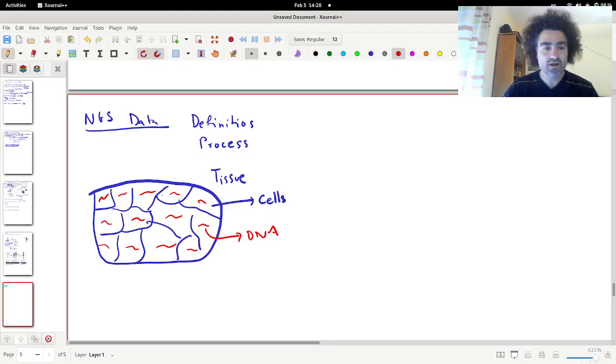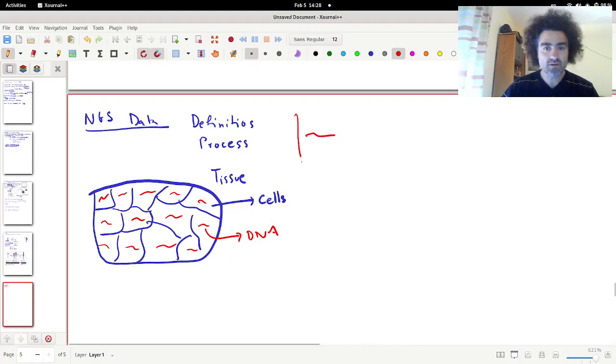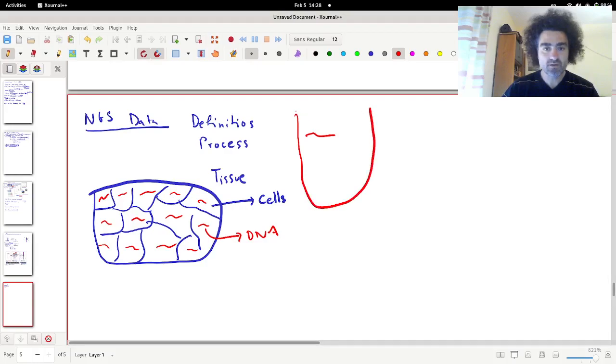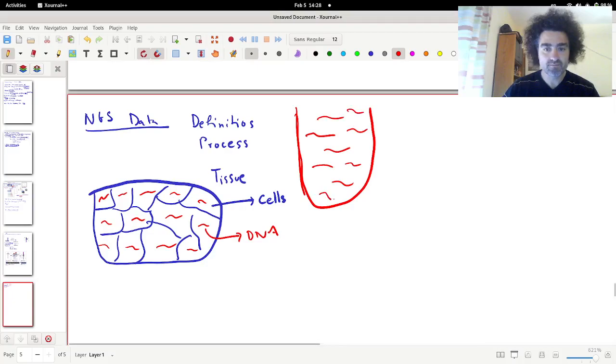So let's assume for the moment that all of them are exactly the same. Okay, then what you do is that, of course, you extract all this DNA. So here you have, whatever it is, Eppendorf or whatever it is, of all these molecules, which should be exactly the same.